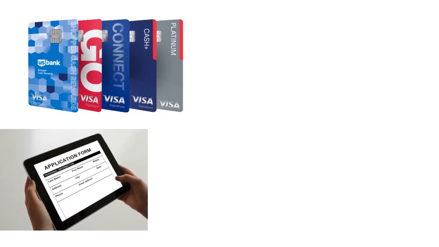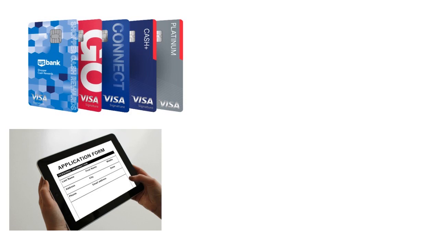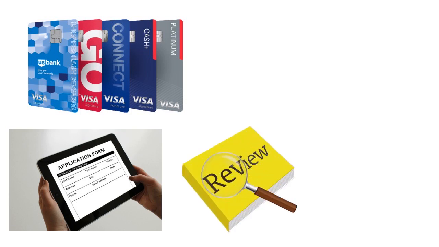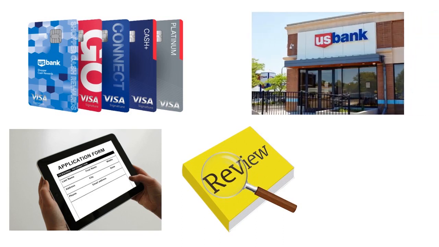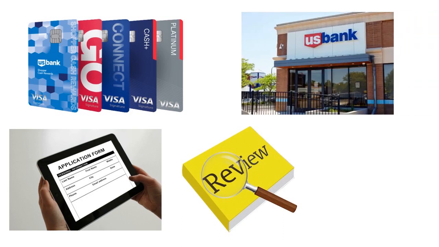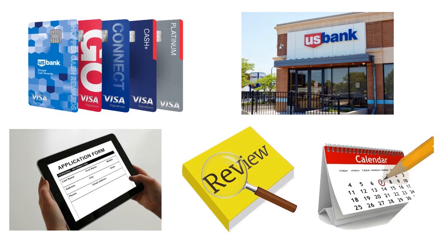You complete the application, and once completed, the approval or decline review process begins, and decisions are kind of long with US Bank. They will get back to you within 7 to 10 business days. In some cases it could be faster, but usually it's around 4 or 5 business days. That's the average I've seen.